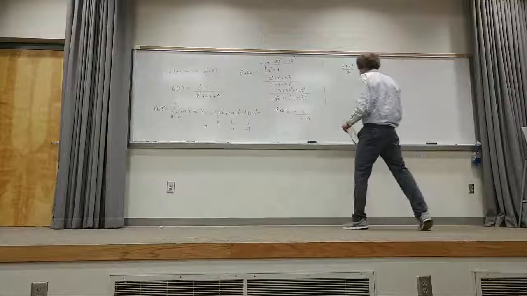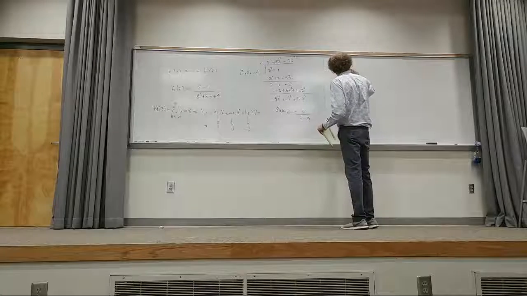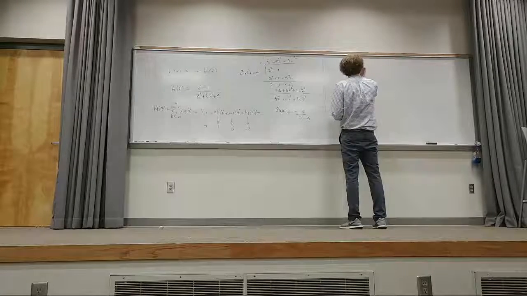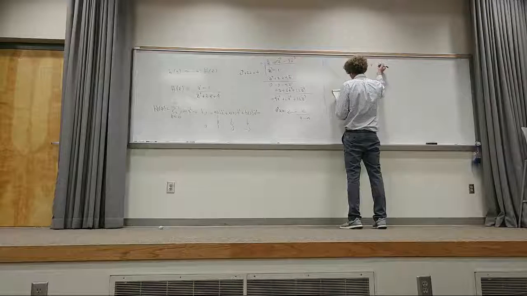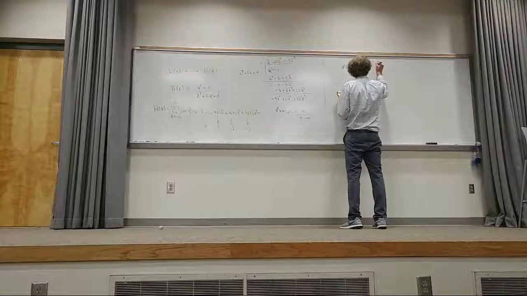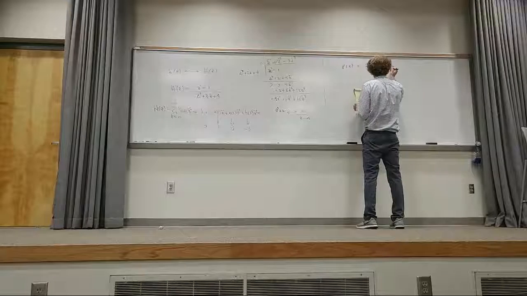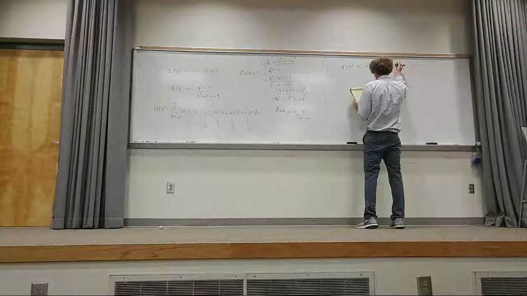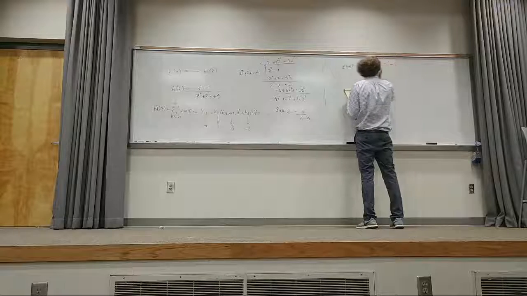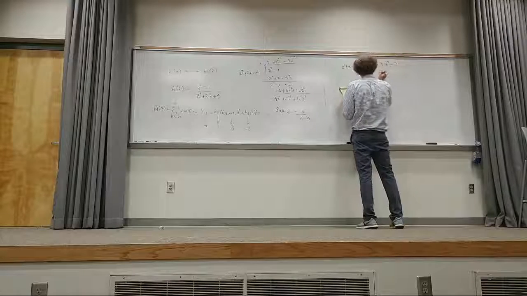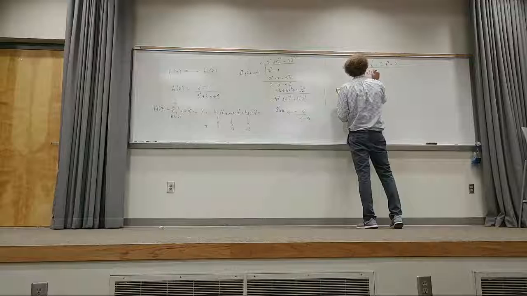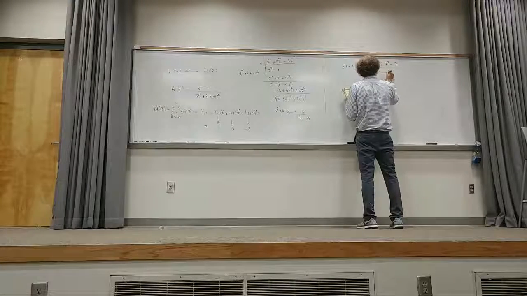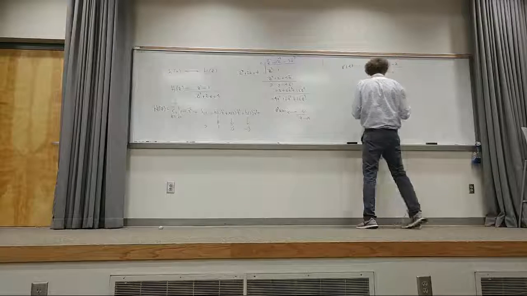Suppose my x of z, before I divide it, is equal to 6z cubed plus 2z squared minus z over z cubed minus z squared minus z minus 1.